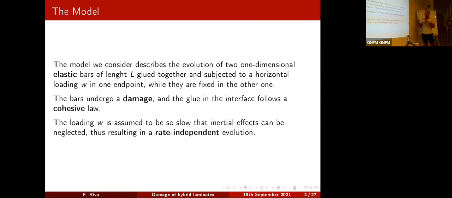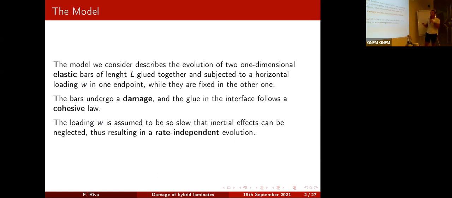And these bars undergo damage. And more importantly, this glue follows a cohesive law. Cohesive means that the degradation process of this glue is gradual, and it does not happen instantaneously.